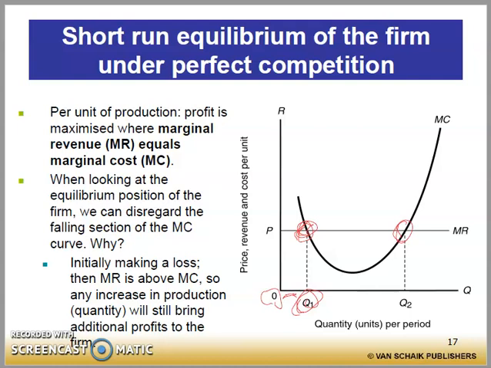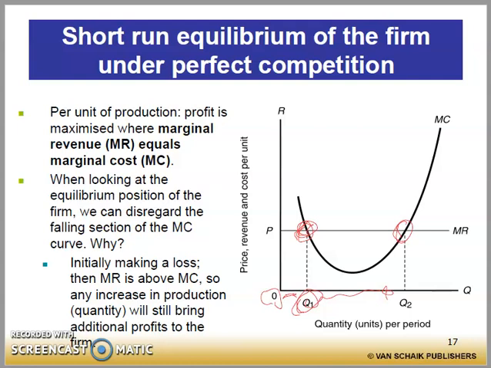So at quantities greater than Q1, so from Q1 and above, marginal revenue is greater than the marginal cost, and the firm starts earning a profit on each additional unit it produces. So the total loss of the firm starts to fall and can turn into total profit at some stage.